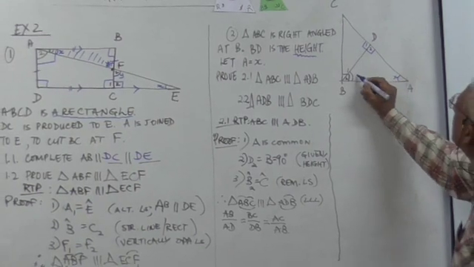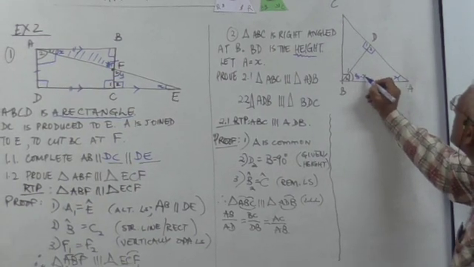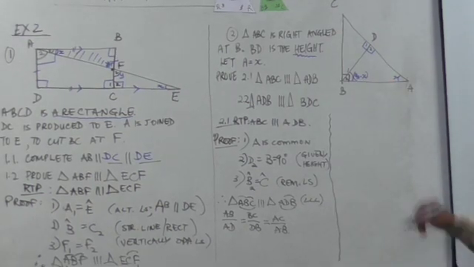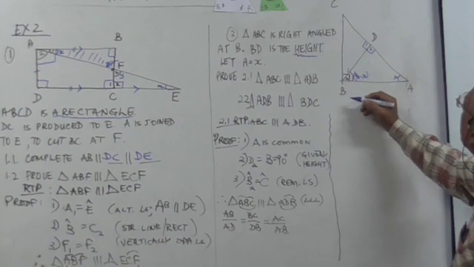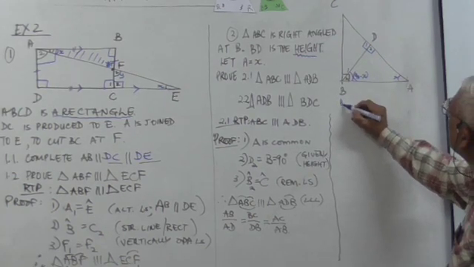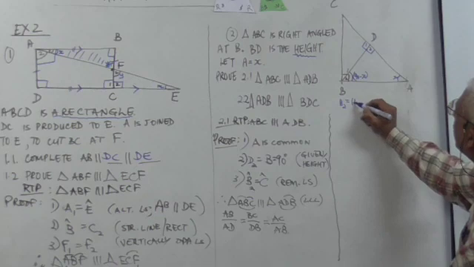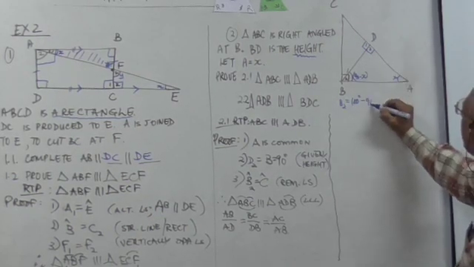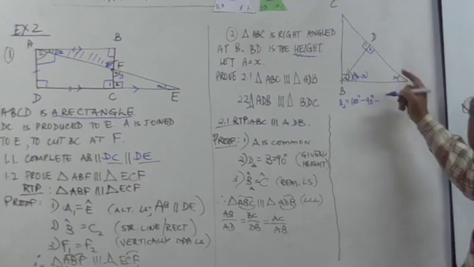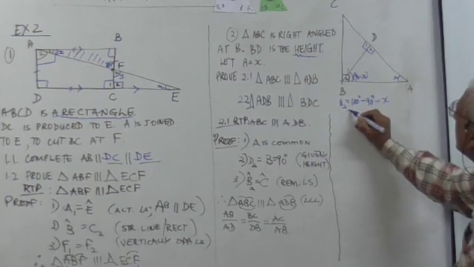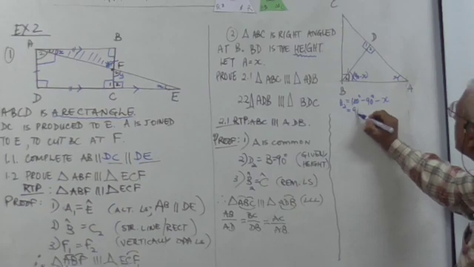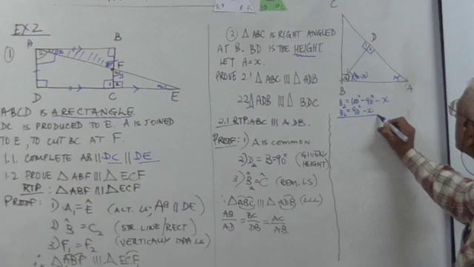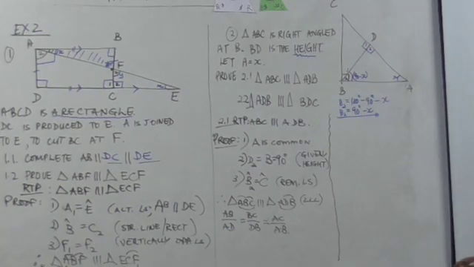Therefore this angle is 90 minus X. Or if you say show it to me step by step, then this angle B2 is equal to 180 degrees minus that 90 degrees minus that X, which is 180 minus 90, which is 90 minus X. So B2 is 90 minus X.